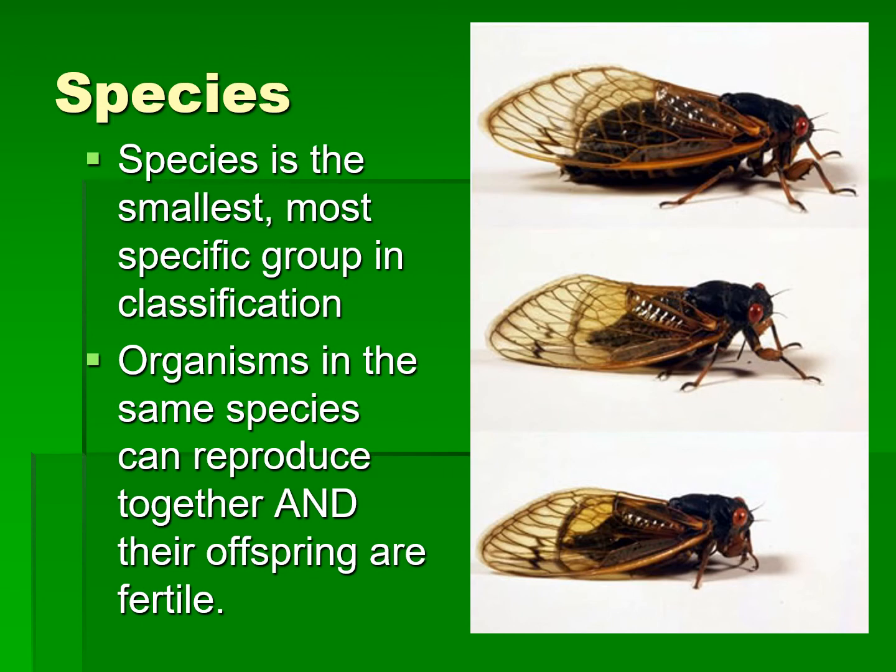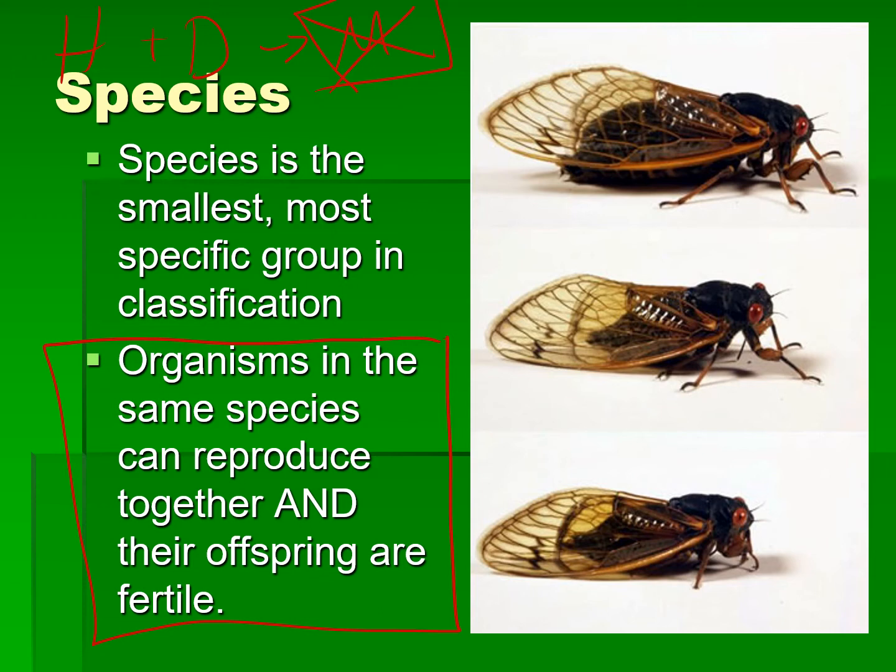So the species is the smallest and most specific group. Organisms that are in the same species can reproduce, and then their offspring can also reproduce. So for instance, a horse and a donkey can reproduce and make a mule. A mule, though, cannot reproduce. It can't have kids of any type, right? So a mule is a horse and a donkey hybrid.